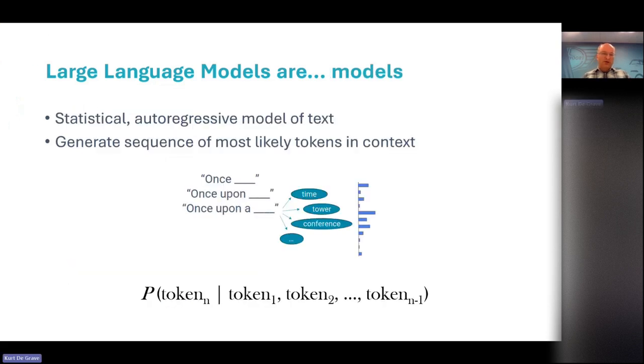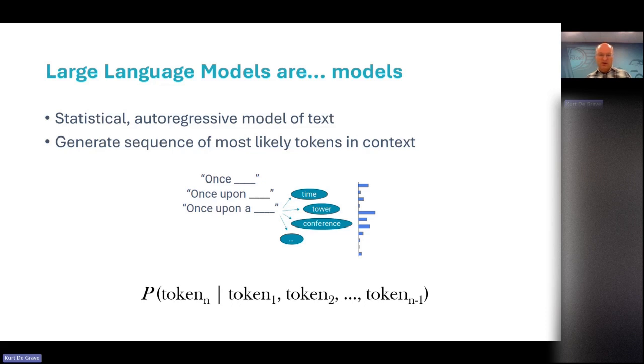Okay, so what are they doing? They're autoregressive statistical models. That means that they look at a string of input and they predict the next word. So an LLM that sees "once" will predict output "upon", and then you give "upon" again to the model, and then it predicts the next word, and so on.